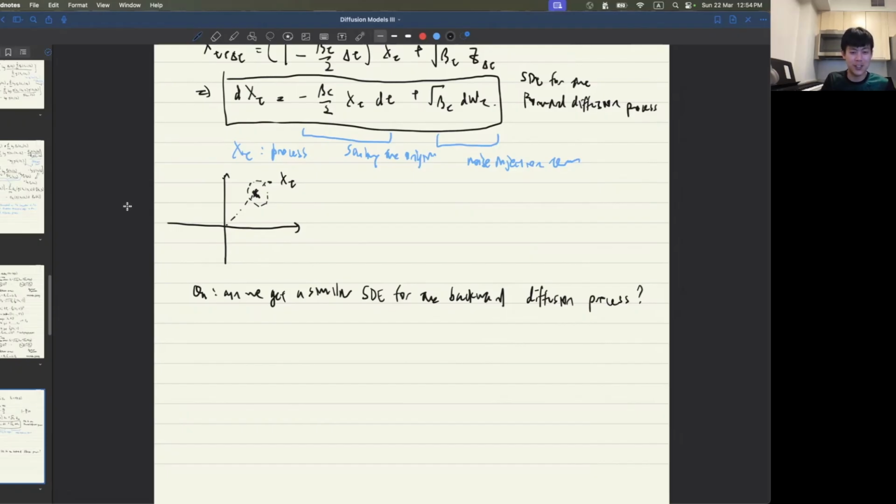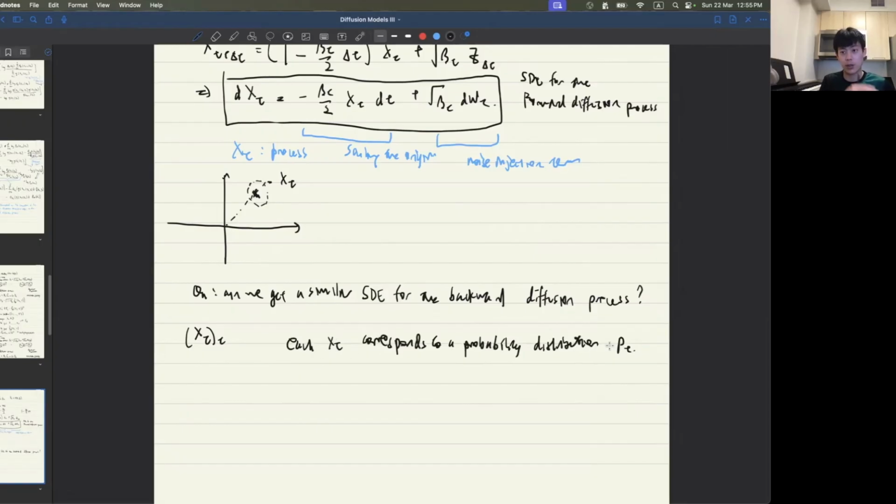There's a lot of English, so let me just write it down in words. Our x_t is now a stochastic process, right? It is a collection of random variables that's indexed by time, and each x_t corresponds to a probability distribution, right? Because each of these x_t is a random variable, they will correspond to a probability distribution that I will label as p_t. So since x_t is indexed by time, p_t is also indexed by time.